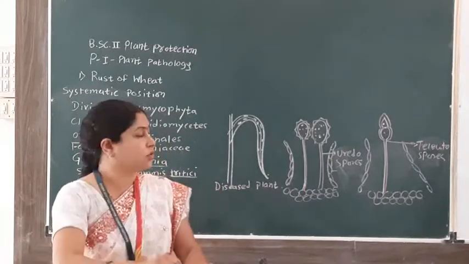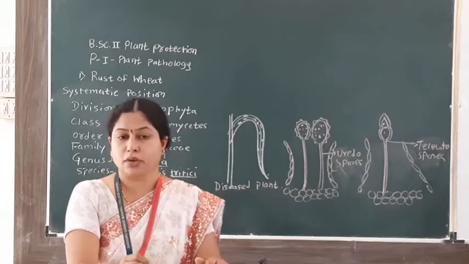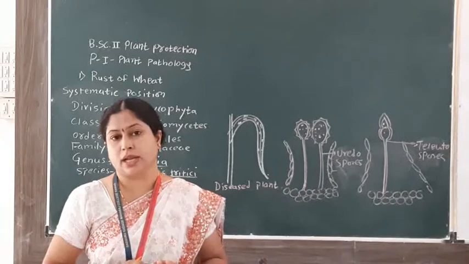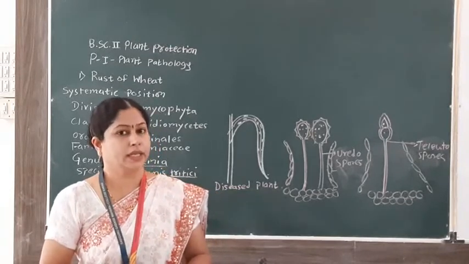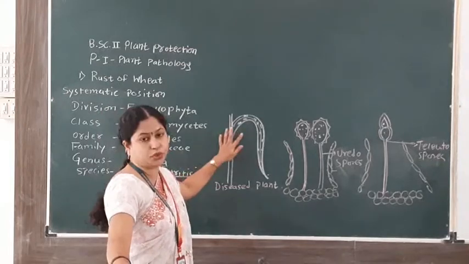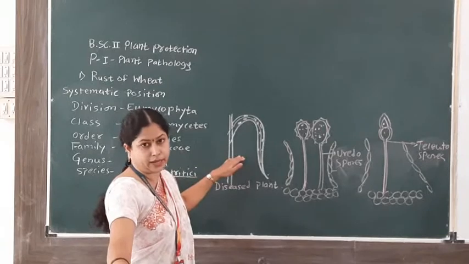At maturity, these two nuclei fuse to each other, that is, karyogamy occurs. This is the telial stage. First, raised pustules occur on the lower side of the leaf lamina.